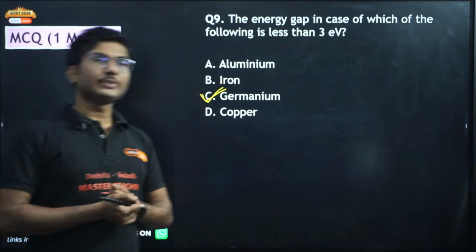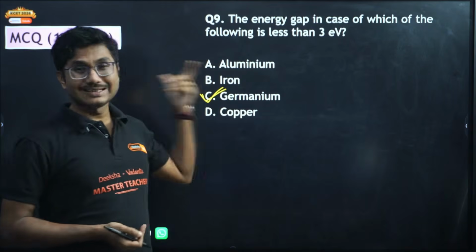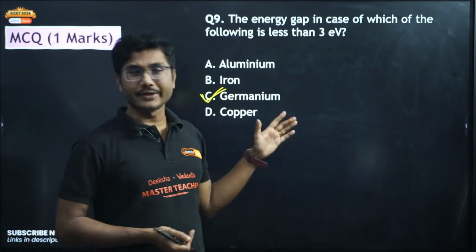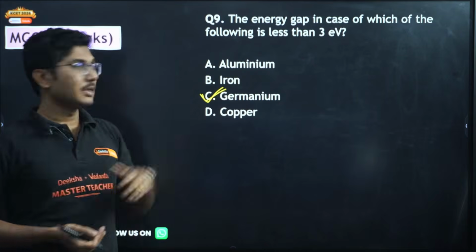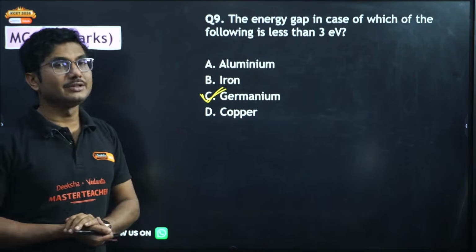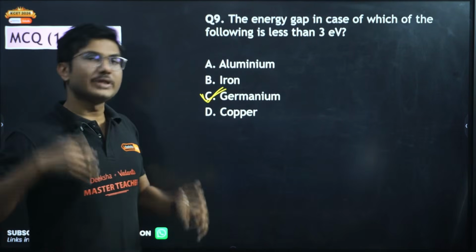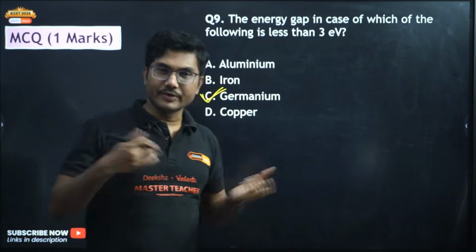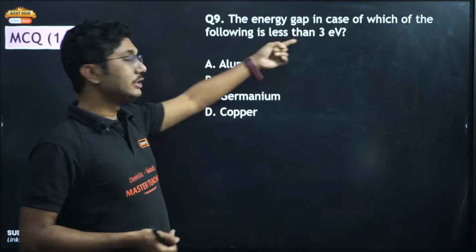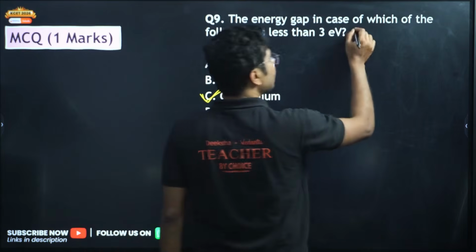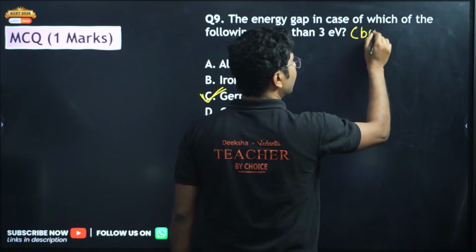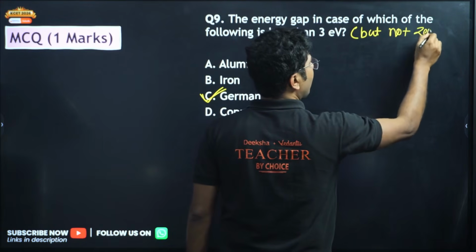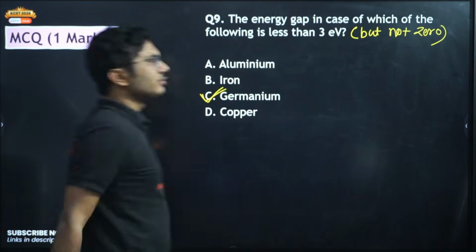So for them the band gap is equal to 0, not less than 3 electron volt. The criterion of less than 3 electron volt is only applicable to germanium. Even though aluminium, iron, copper are 0, you cannot say they are always less than 3 electron volt. Germanium on the other hand is always less than 3 electron volt. It should have been mentioned here, but not 0. Okay, not equal to 0.